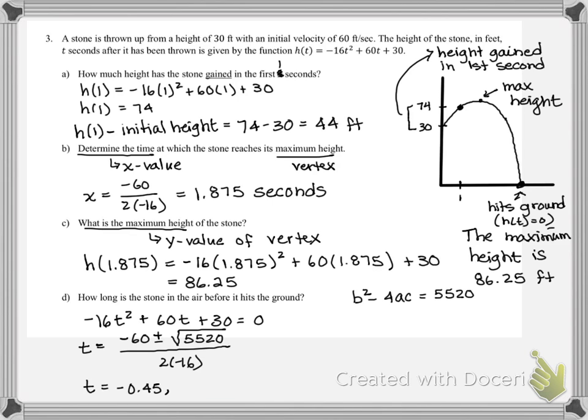If you hit the up button twice to get there, and then hit enter, and then you can just arrow over to the plus button and make it a minus, and then just hit enter again. And that way you don't risk typing it in wrong by having to do it twice. So 4.2. So how long was the ball in the air? 4.2 seconds, right? Because it can't be negative.